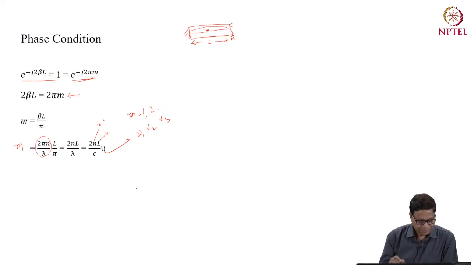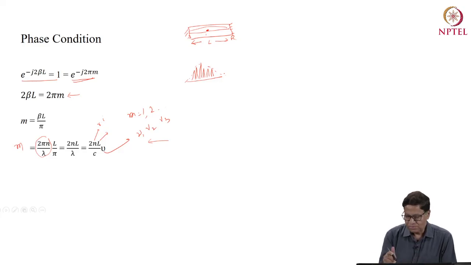What happens in an actual laser diode is that you get different frequencies here. They may change in amplitude, but you get different frequencies which are governed by these equations. If you take the envelope of this, it is something like this.